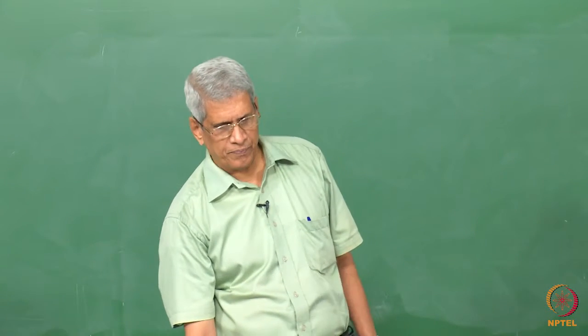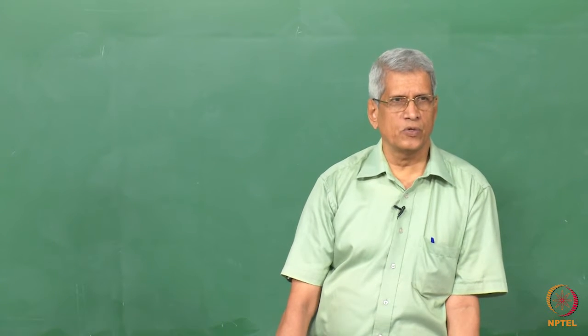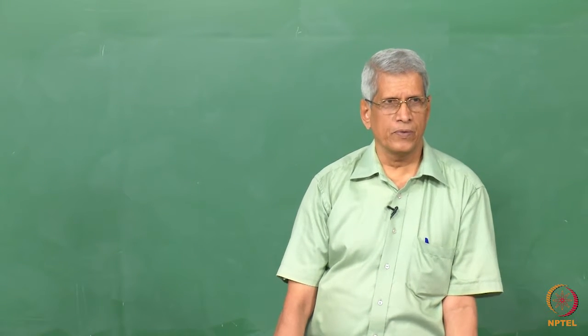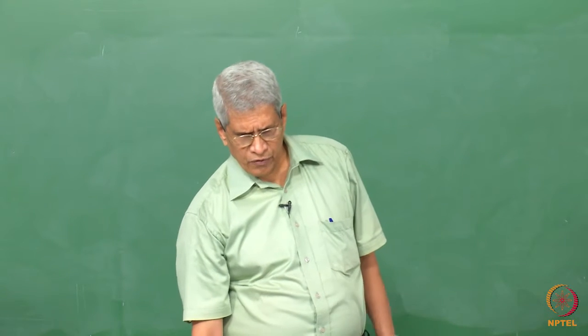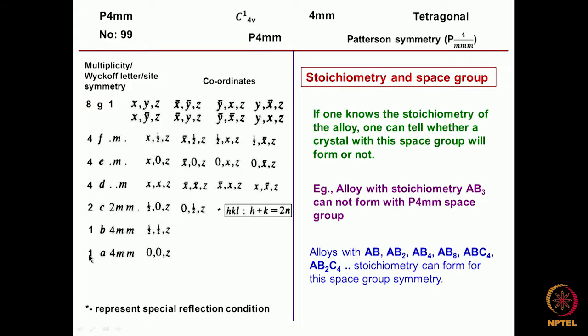If we look at it, for example, suppose we take an alloy with a composition AB3. If we assume that the A atom can occupy either the 1A or 1B position, what positions can the B atom occupy? Either the 2C position, or the Wyckoff positions 4D, 4E or 4F, or 8.